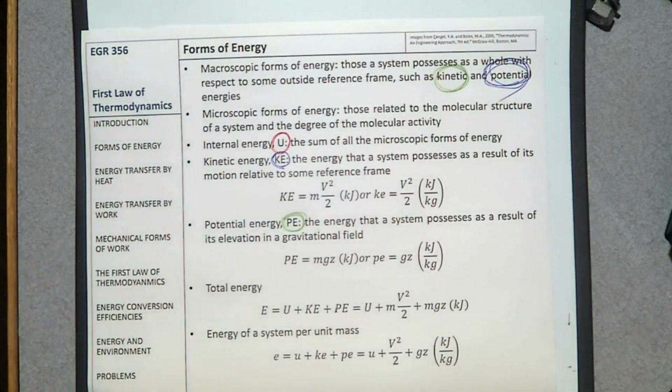Then how can we determine U? We're not going to study that here. We are going to study how to determine U later in chapter 3. This is a little complicated. Instead, we are going to study how to determine KE, kinetic energy, and PE, potential energy.